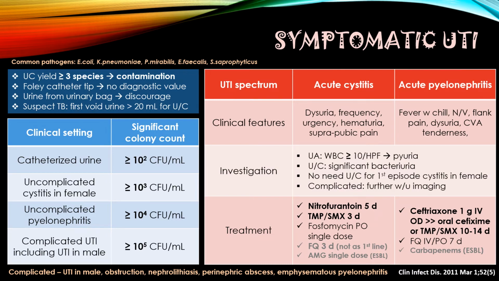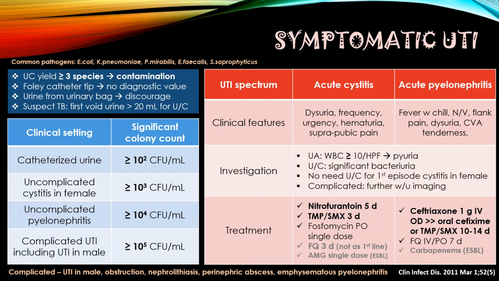And for fluoroquinolone, if you know it's susceptible, you can give the IV form first and then shift to oral for 7 days. But if the pathogen is resistant to ceftriaxone or quinolone, you can use a carbapenem, such as ertapenem or meropenem.